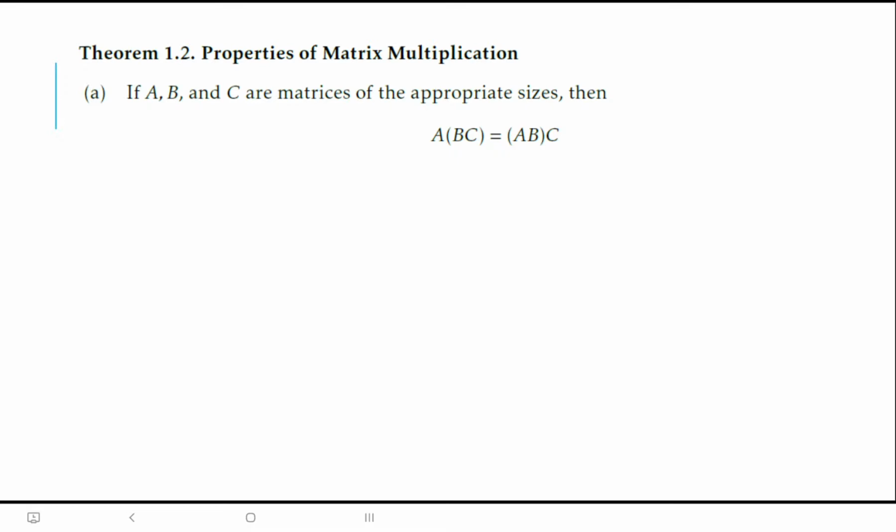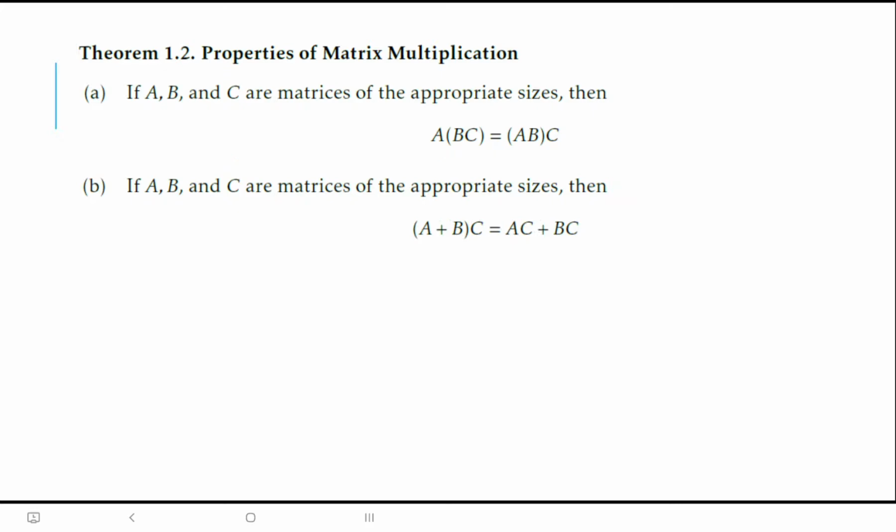Okay, so we have here A times BC is just equal to AB times C. Okay, nagigets. So pag sinabi nating appropriate yung BC nag-exist, so dapat yung column ni B at saka yung row ni C ay equal. Okay, and then dito rin naman sa case na to, yung column ni A at saka yung row ni B ay equal.